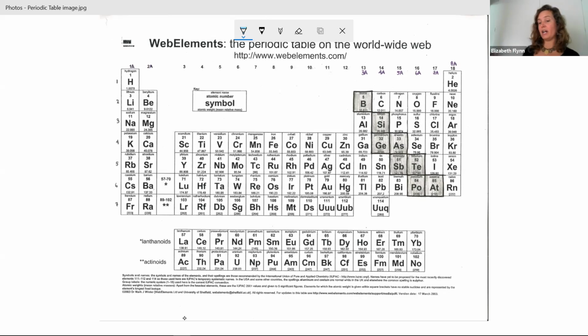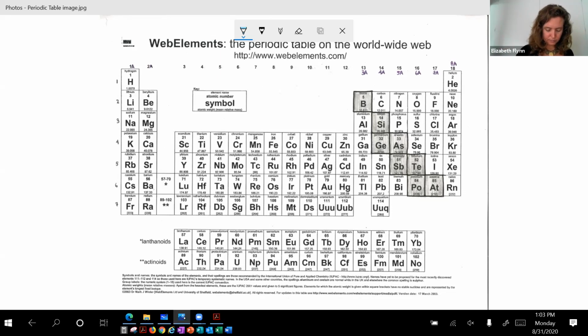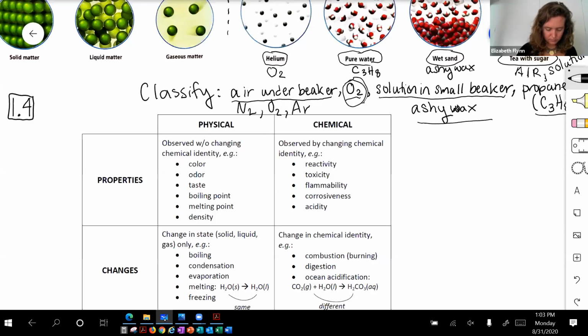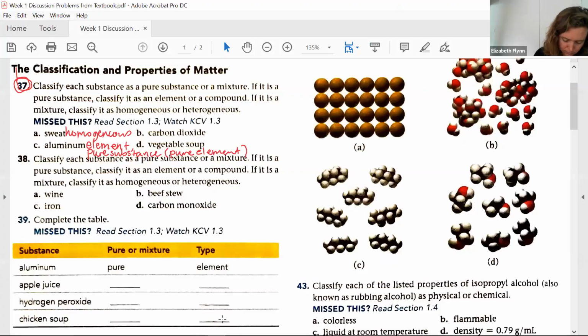So it's not on the periodic table, right? Carbon dioxide, we don't see C and O together on the periodic table. So that must mean it's a compound, right? And if it's just carbon dioxide that we're talking about, it's a pure compound.